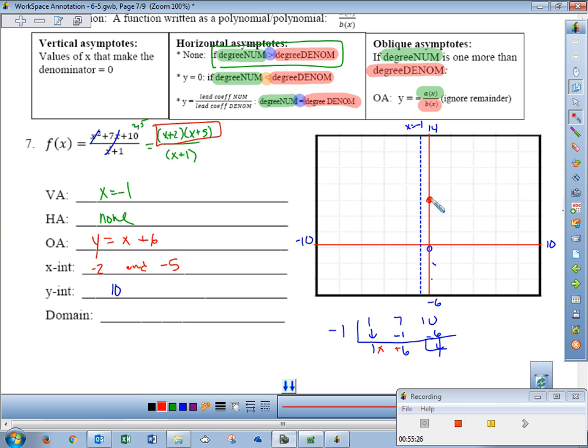And my slope is 1, so I can just go on the grid marks, because that's like rising 2 and running 2. And then I'll label it OA, y equals x plus 6.